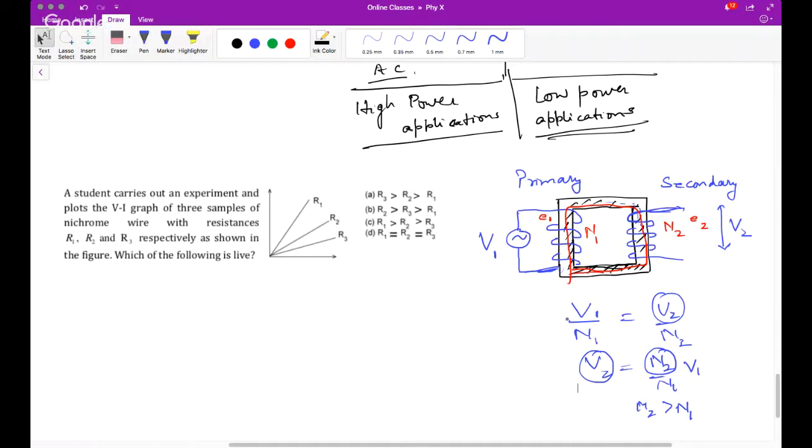Okay, so coming back to the question: a student carries out an experiment and plots the VI graph of 3 samples.